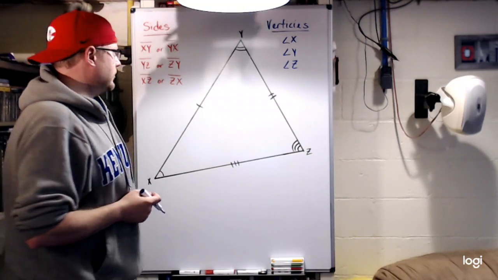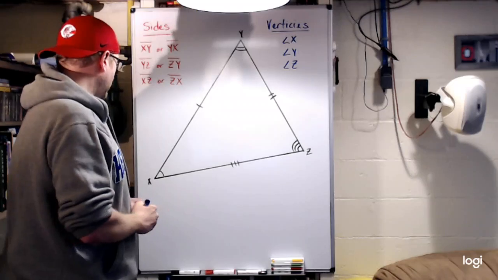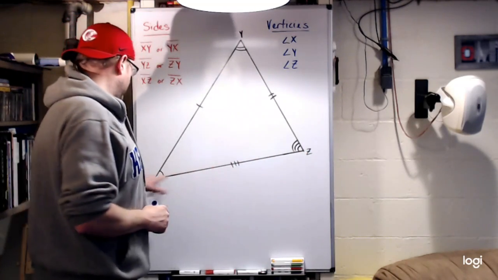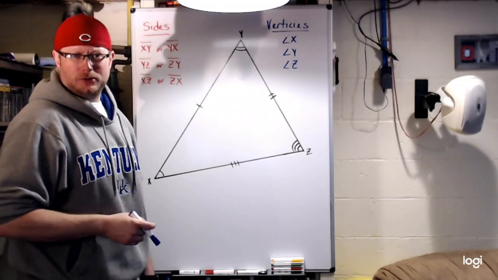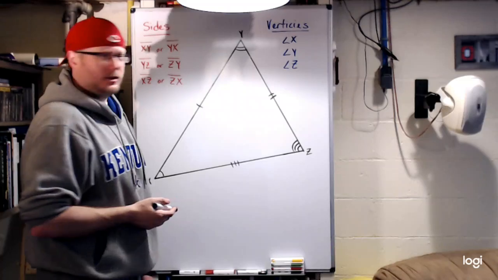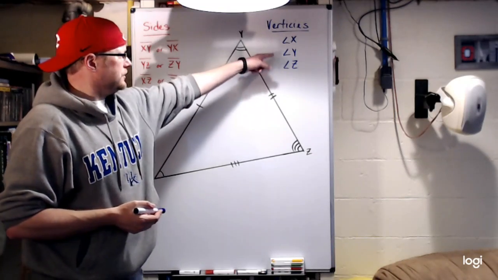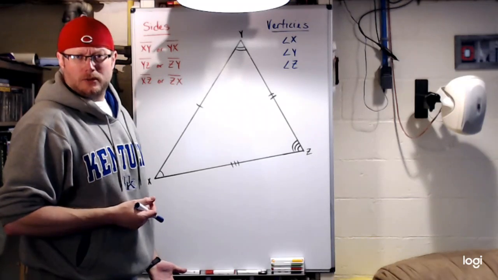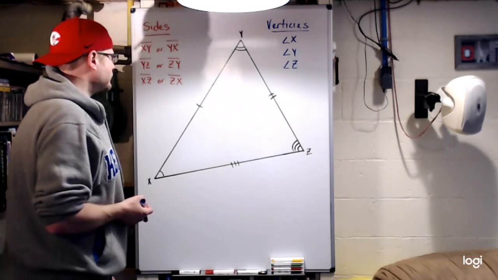So we use that symbol. Now we could go crazy and I could call this angle YXZ or ZXY. And in some cases you can. You can name it from 3 letters. It's just easier in this case to name it with 1 letter because each vertex only has 1 angle at that vertex. Okay?